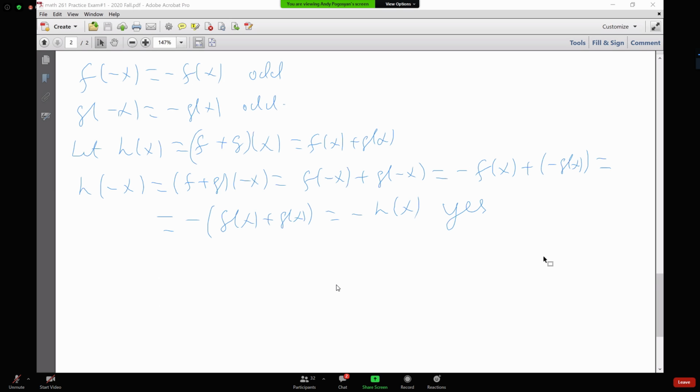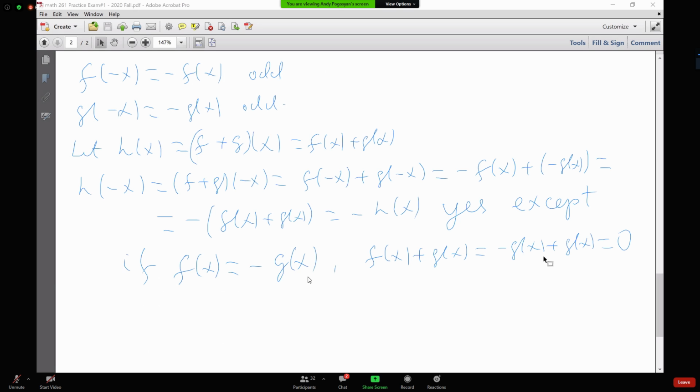Yes, except in which case? If f of x is negative g of x, if they are opposite of each other, we get what? F of x plus g of x is negative g of x plus g of x, which becomes 0.